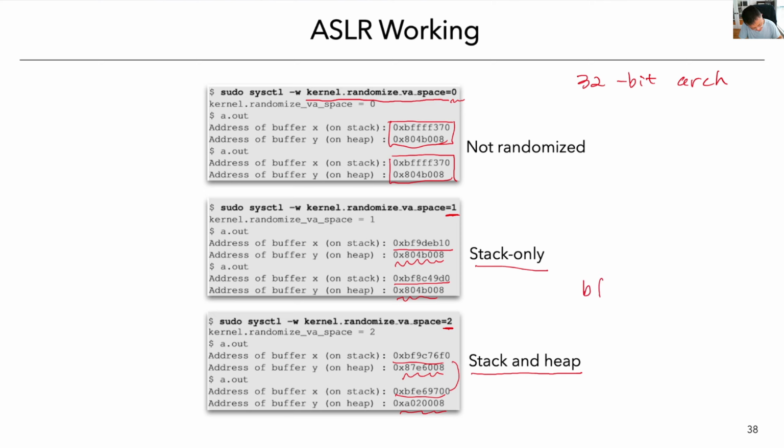We can also use ROP, which is called return-oriented programming, to exploit the non-randomized memory.